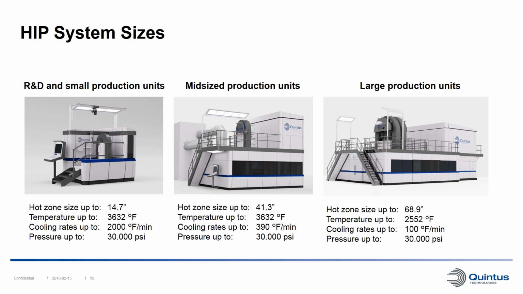Again, these vessels are designed for pressures up to 30,000 psi. Going up to the bigger production units, we have hot zone sizes up to 68.9 inch. The furnace here is typically molybdenum, with a little bit lower temperature, but still cooling rates which can go up to 100 Fahrenheit a minute. As you can see, here too we have pressures up to 30,000 psi. So these are the standard series, and of course there can be other, bigger sizes as well.